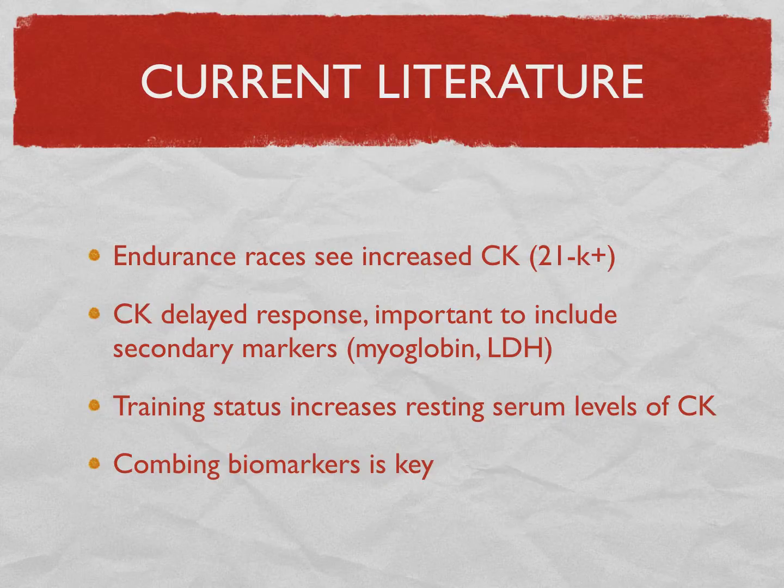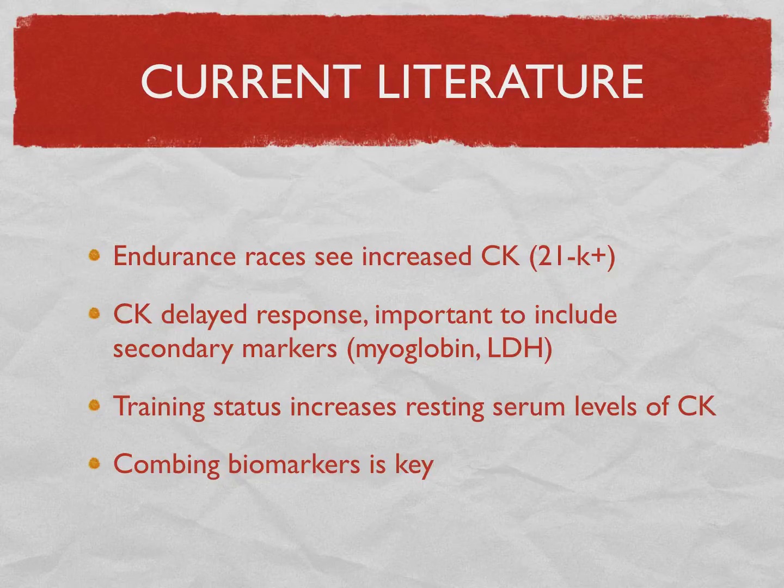So the current literature that I reviewed really deals with endurance races anywhere from 21 kilometers on up to 136 kilometers, or a 100-mile century run in California, which is a crazy intense ultra endurance run. But they measured a combination of total creatine kinase and also creatine kinase MB, which is the heart function.